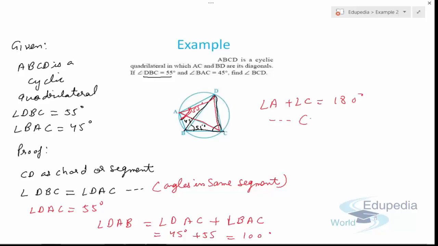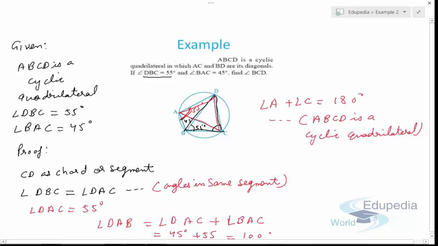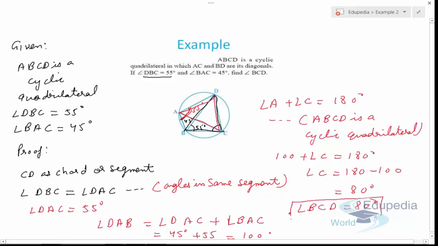Why? Because ABCD is a cyclic quadrilateral, right? Then angle A, which is also angle DAB, is 100, plus angle C equals 180 degrees. So angle C is 180 minus 100, which is 80 degrees. So angle BCD is 80 degrees.